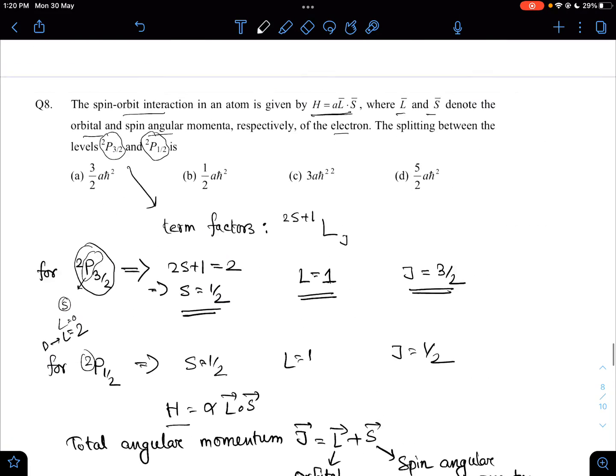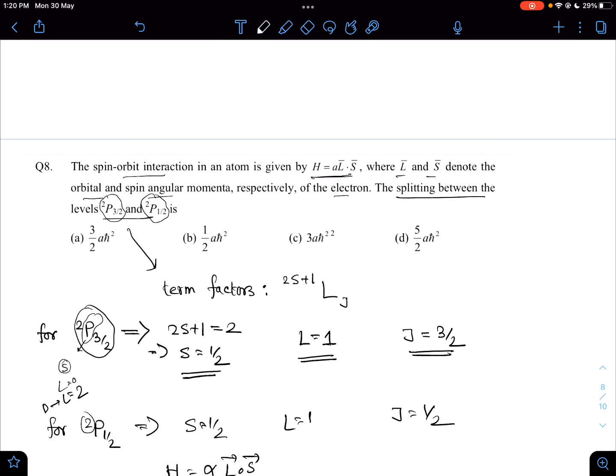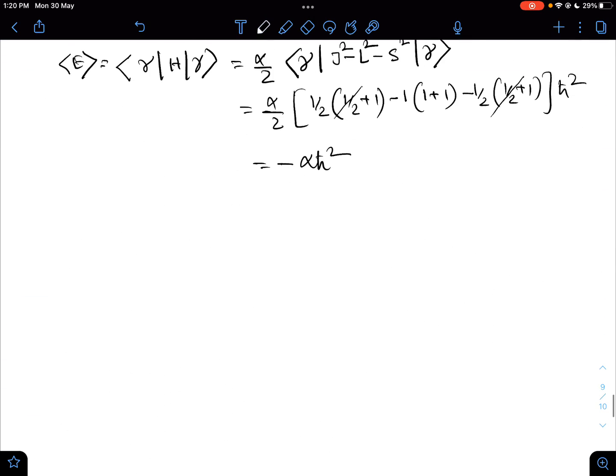Now we have to calculate the splitting between these two levels, which is the difference of these two energy levels.